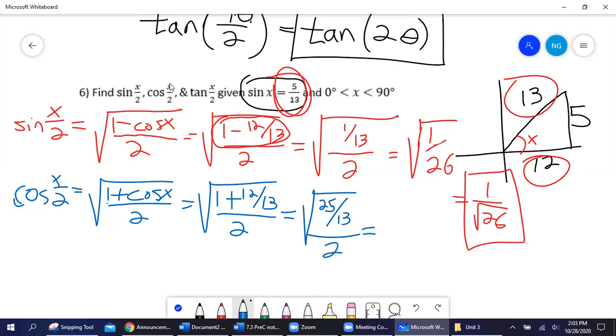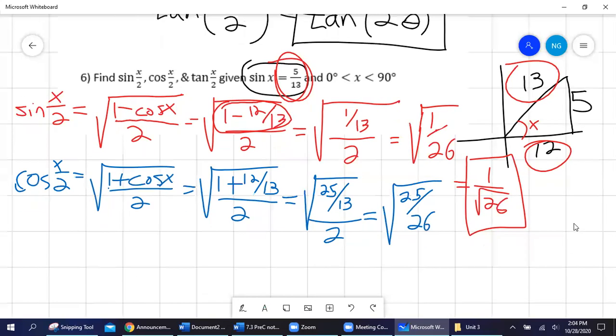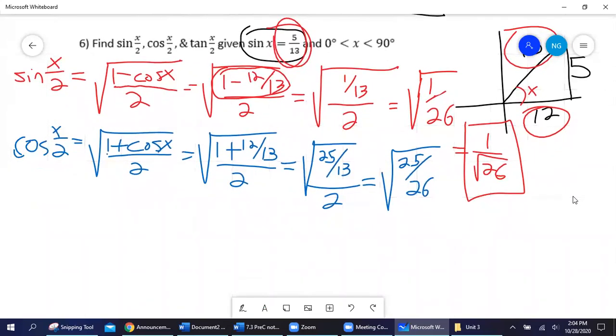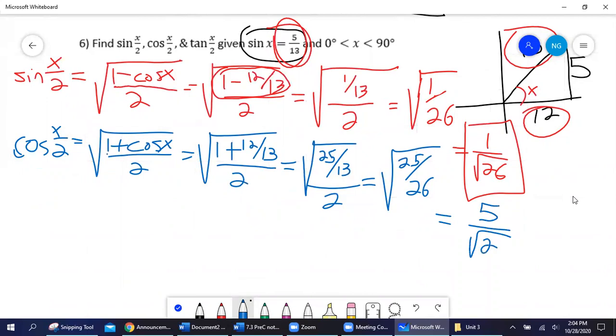If I multiply by the reciprocal of 2, I've got the square root of 25 over 26, which I can take the square root of 25 to get 5, but then the square root of 26 I can't do anything with. So there's the cosine of the half angle, x over 2.